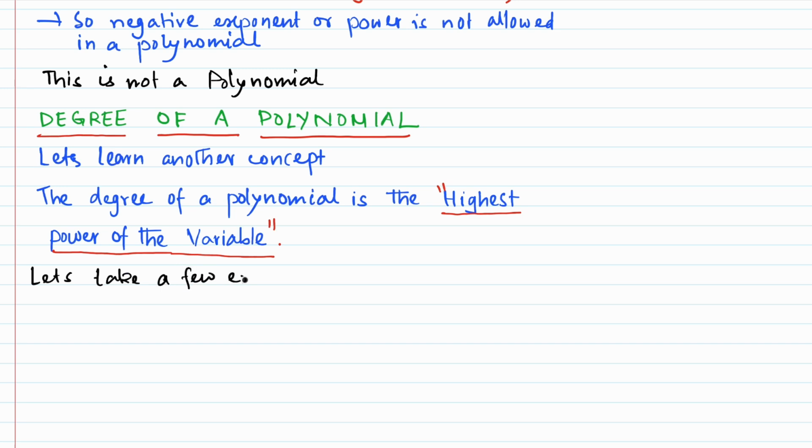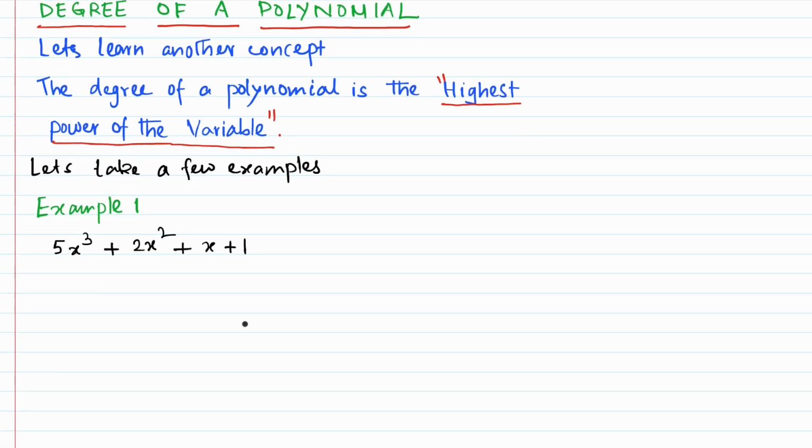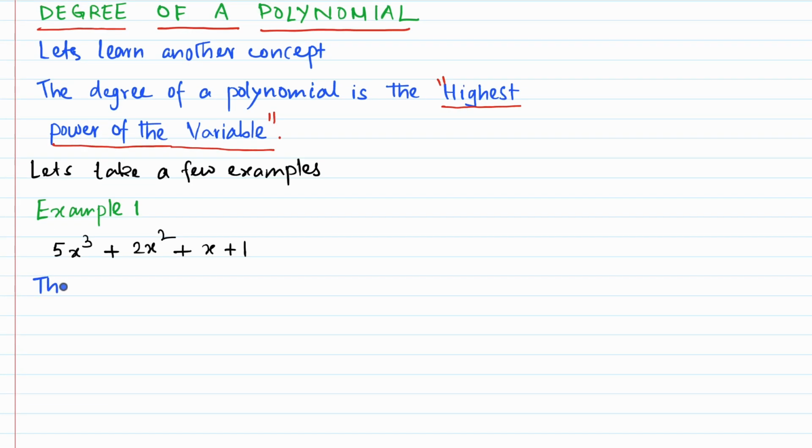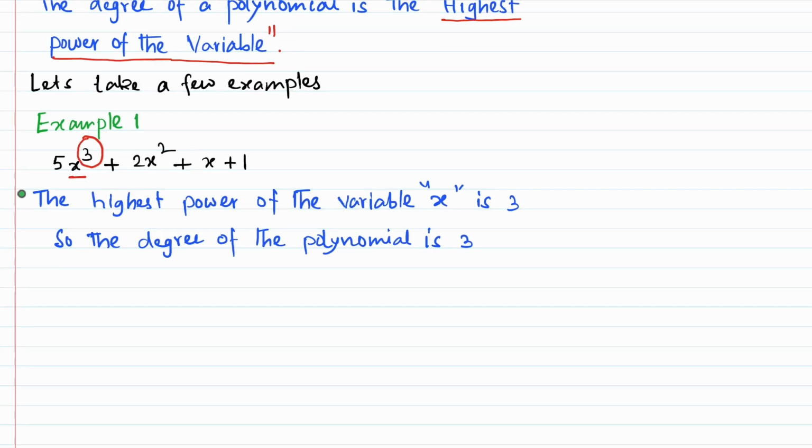Let's take a few examples to clarify the degree of a polynomial. Example 1: 5x cubed plus 2x to the power 2 plus x plus 1. What is the highest power of the variable x? That is 3. So the degree of the polynomial is 3.